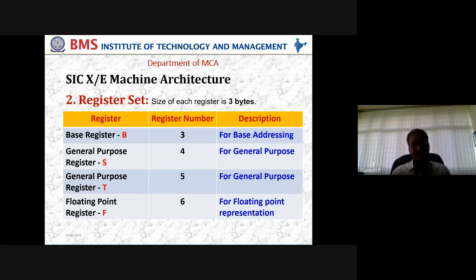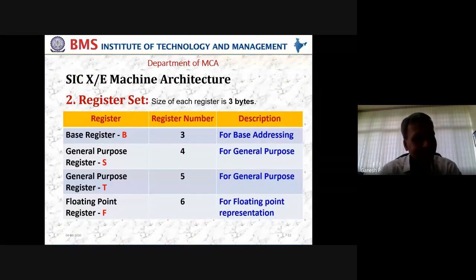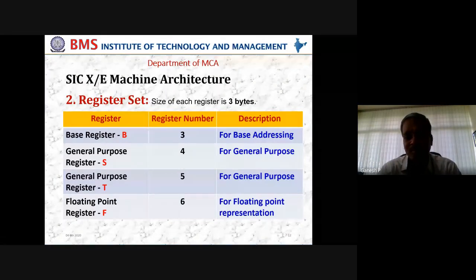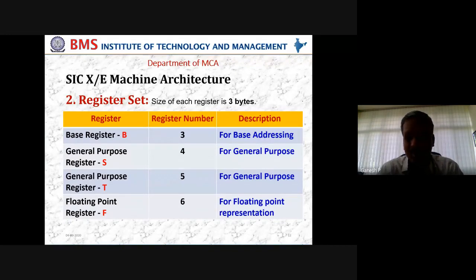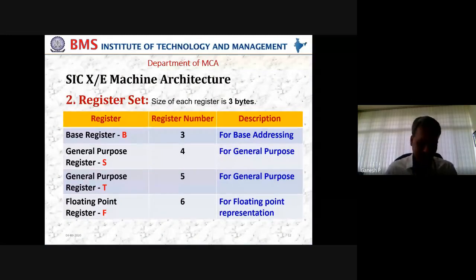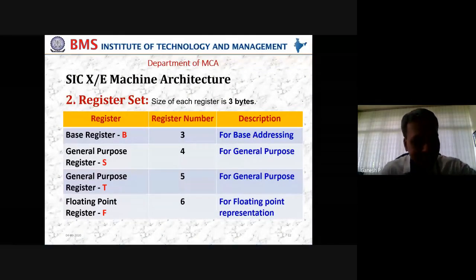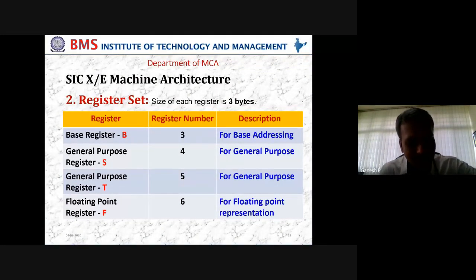So coming to SIC/XE, we have 9 registers now: accumulator, index register, link register, program counter, status word, base register, floating point register, and 2 general purpose registers. What do you mean by general purpose register? When you say base register, base addressing is possible, and the base register is mainly used for base addressing.